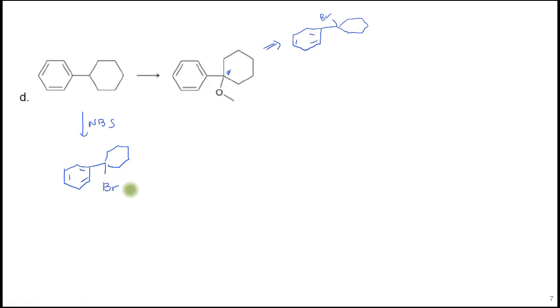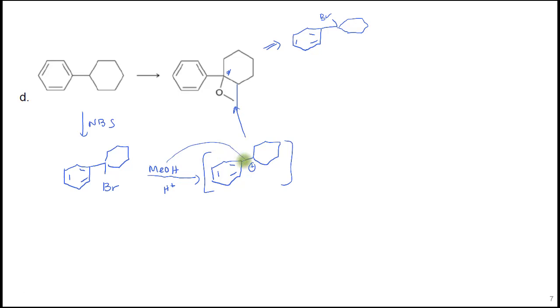That one is still tertiary, so I don't want to do an SN2 there, but I can think about doing an SN1 with methanol, H+. So in this one we have that benzylic carbocation that can form, which is very stable. And then my nucleophile is methanol, which can attack there to give us that product. So this is our intermediate. And methanol is free to attack that carbocation.